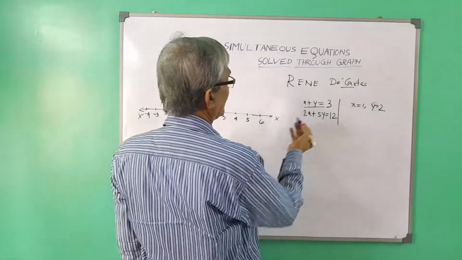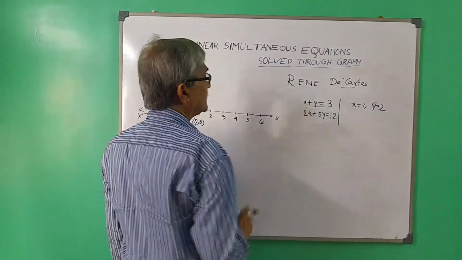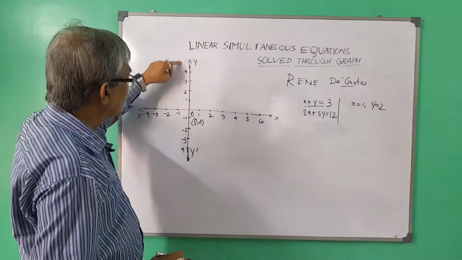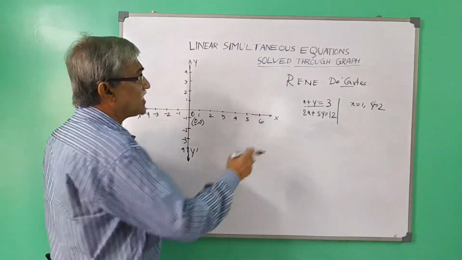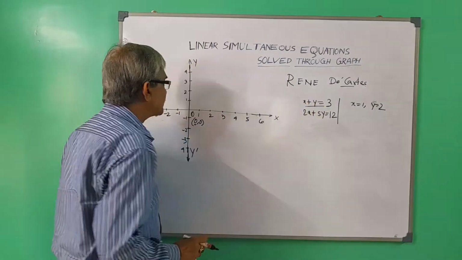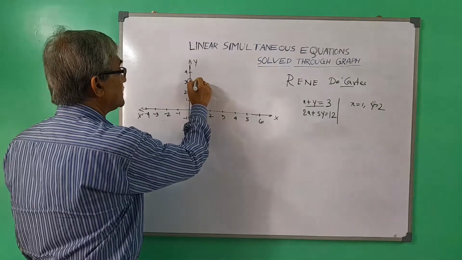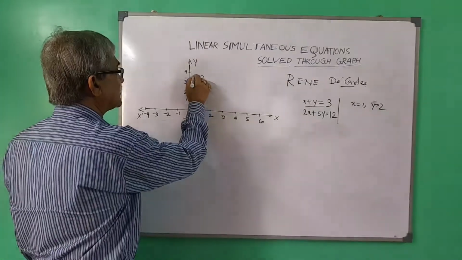I suggest that you first place x = 0. Now x = 0 lies on the y-axis. If I put x = 0, y becomes 3. That is your first point: x = 0 and y = 3.